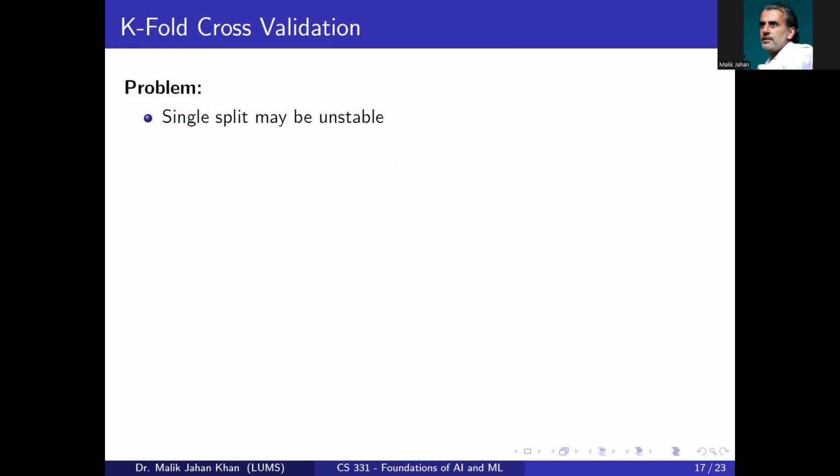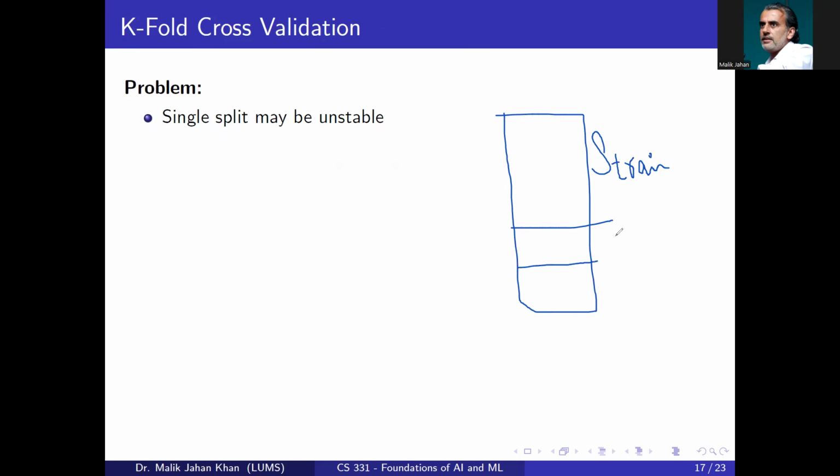If I just split it in a random way or in a deterministic way, by deterministic way I mean, for example, if I have been given this whole data and I just make a cut so that this 60% goes in strain, and then let's say this next 20% goes in SDEV, and the next 20% goes in test.